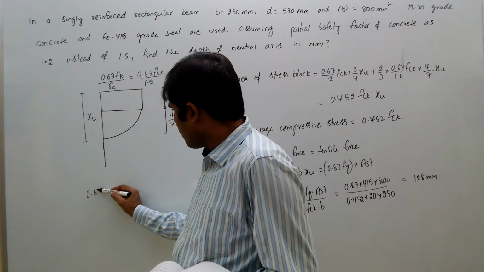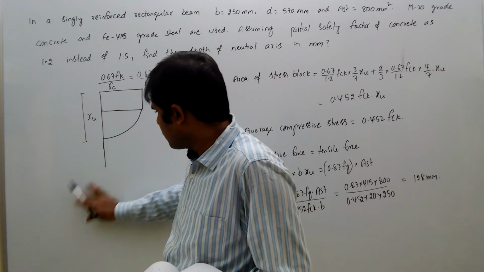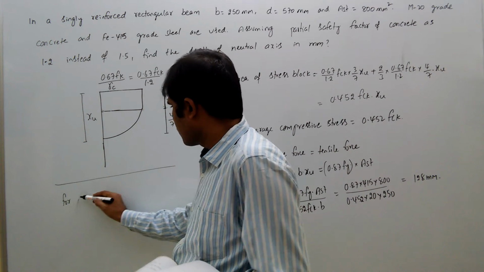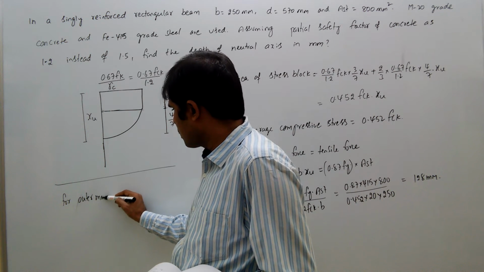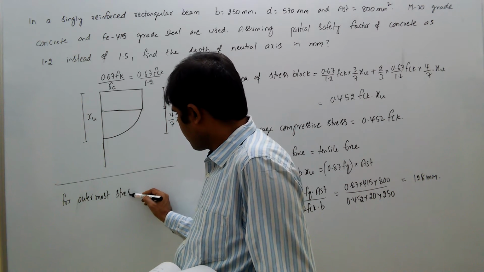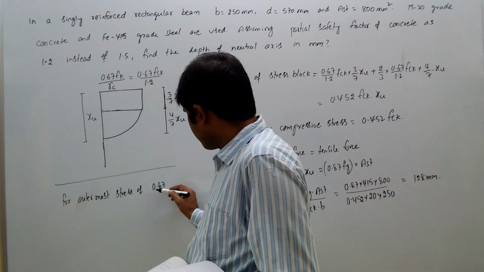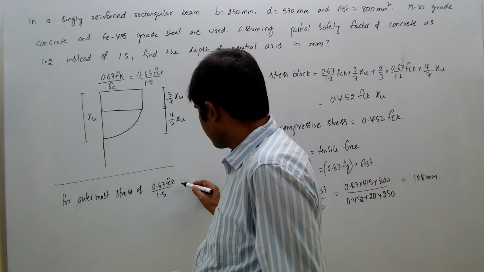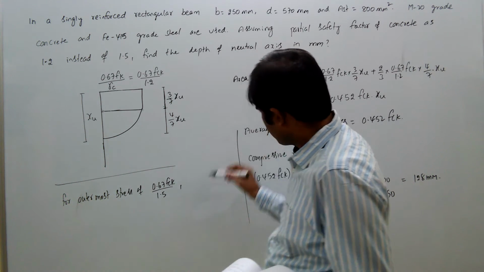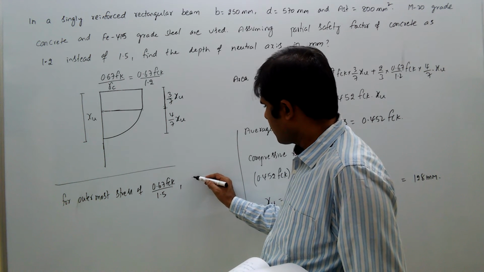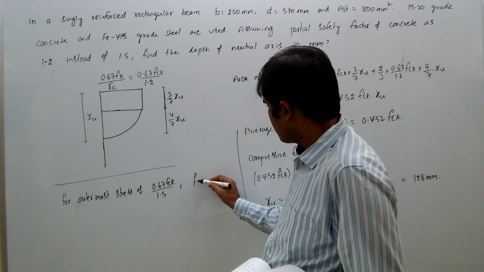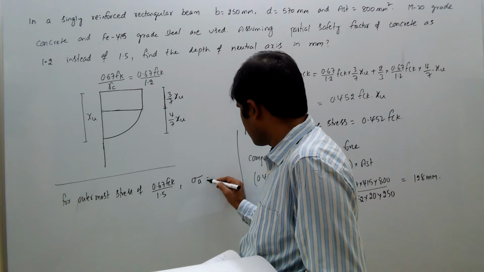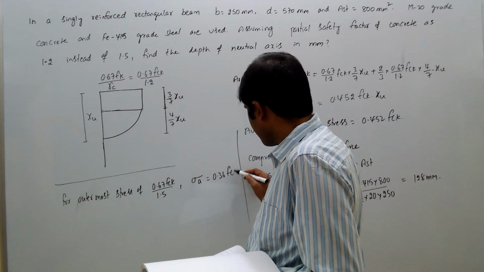We know for outermost stress of 0.67 FCK by 1.5, the average stress equal to 0.36 FCK.